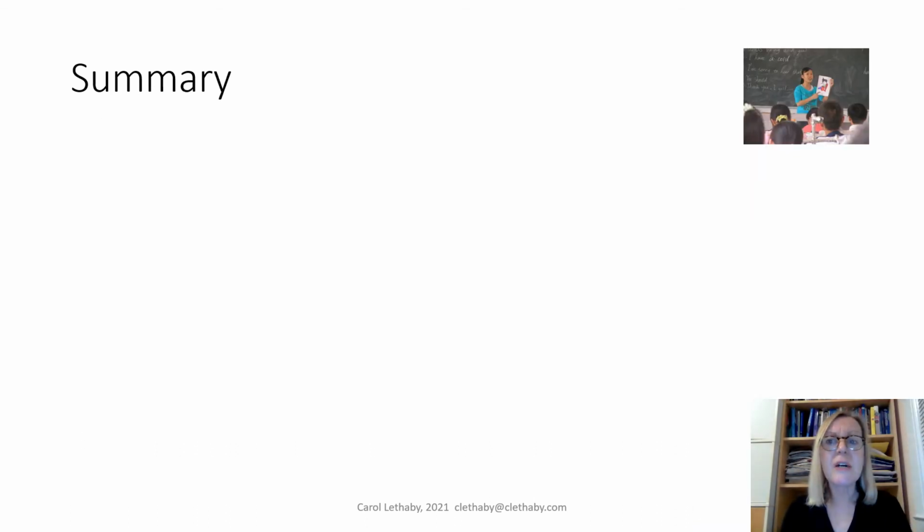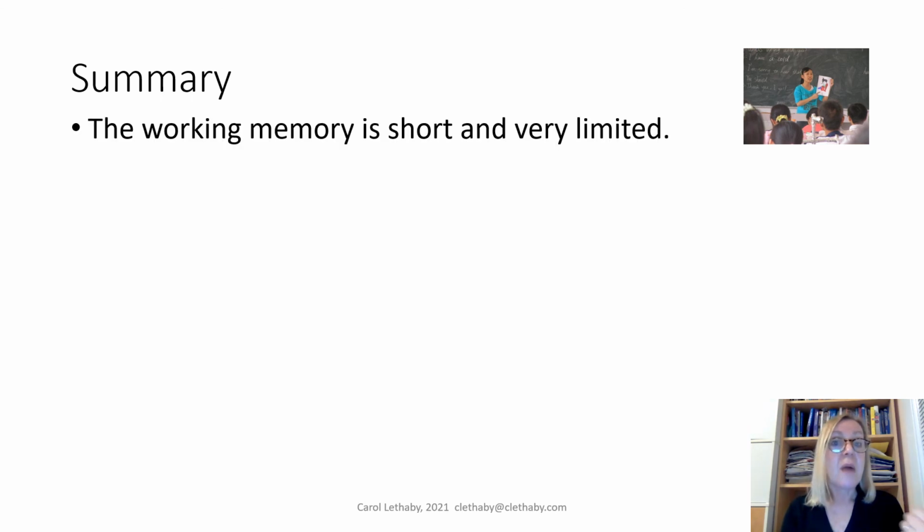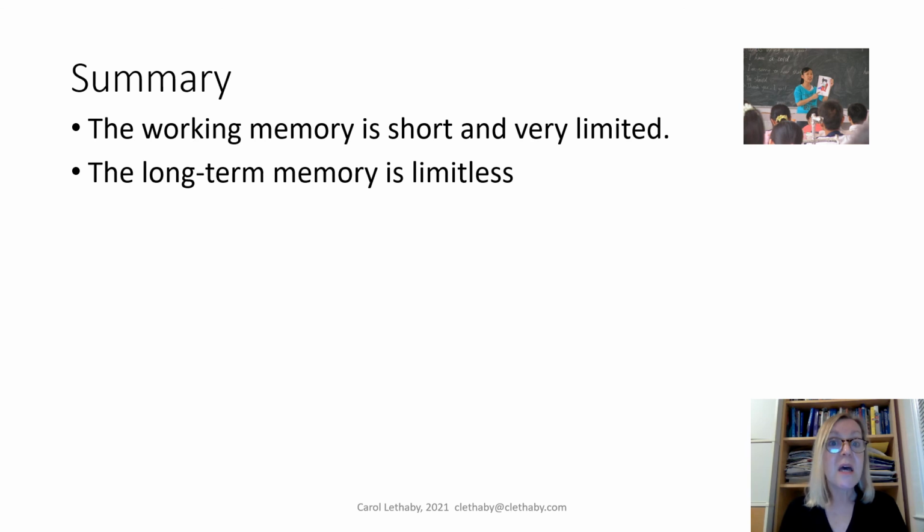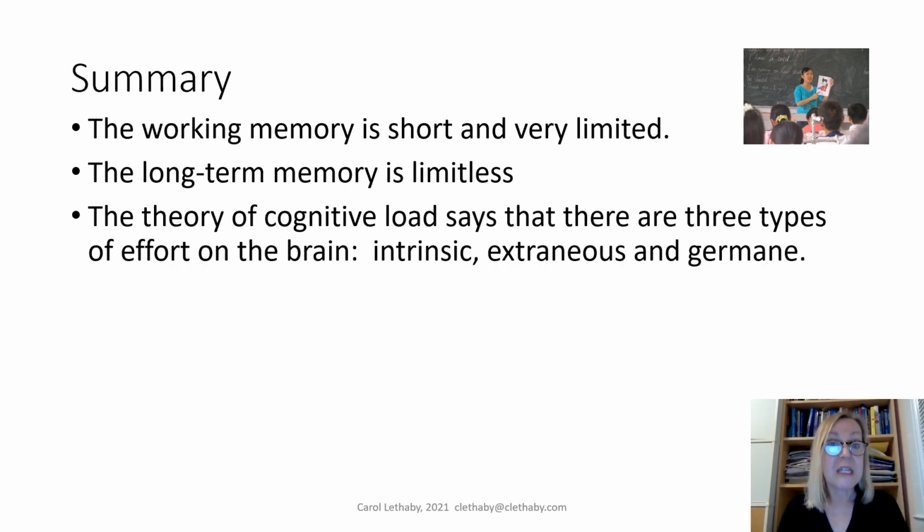To summarize what we've looked at today, we've talked about how the working memory is short and very limited. We've said the long-term memory, on the other hand, is limitless. And how can we use that information to help us in teaching? Well, the theory of cognitive load says that there are three types of effort on the brain: intrinsic cognitive load, extraneous cognitive load, and germane cognitive load.